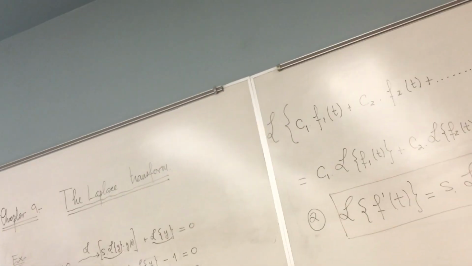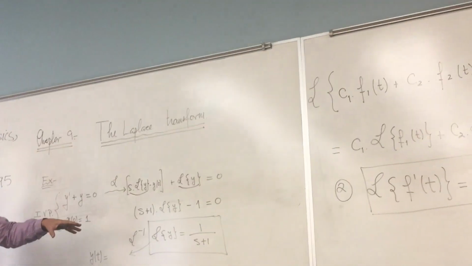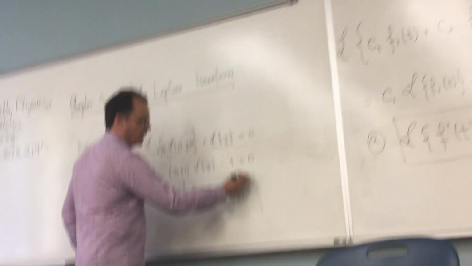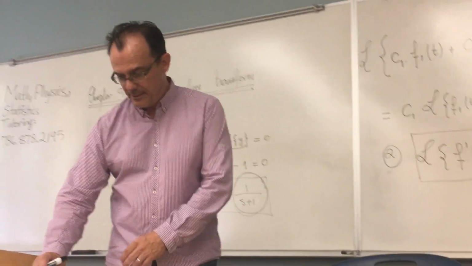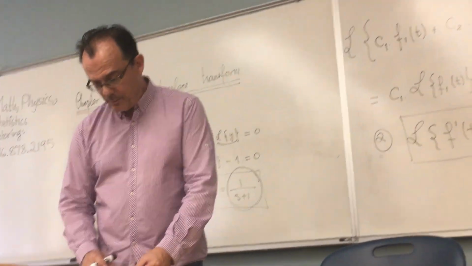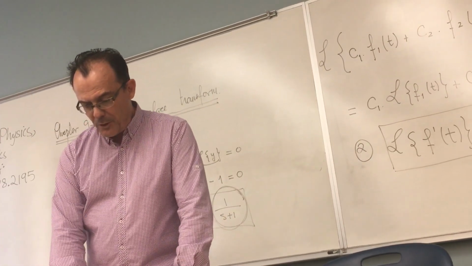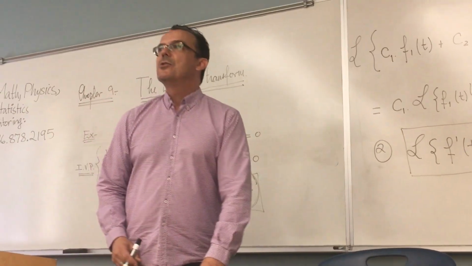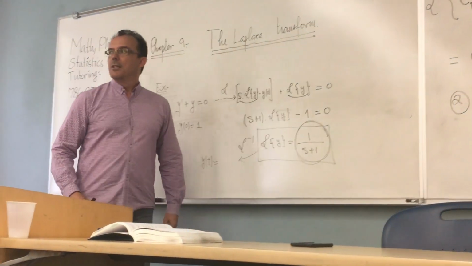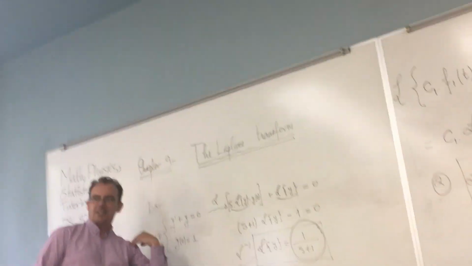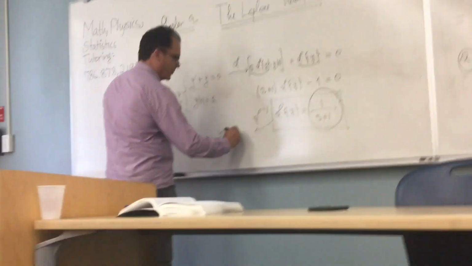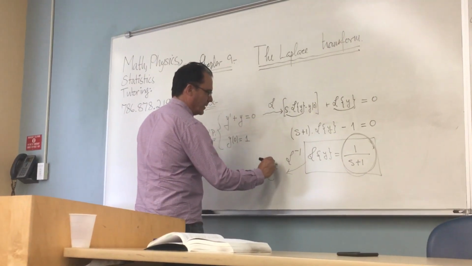And usually this last step can be done using properties and tables. You can take a look at the table on page 500. You go to that table, and you look at formula number 2: for this function of s, in the second column, the inverse Laplace transform is this function of t, e to the minus t.